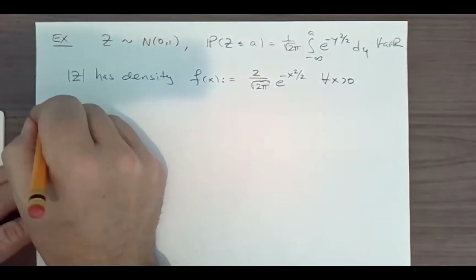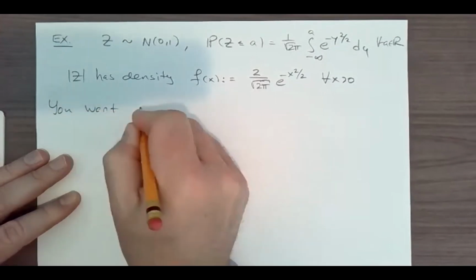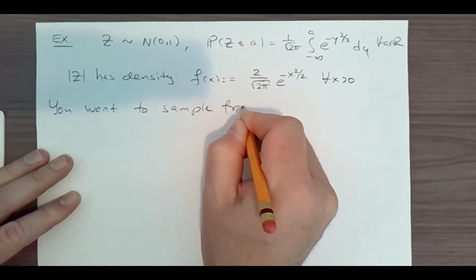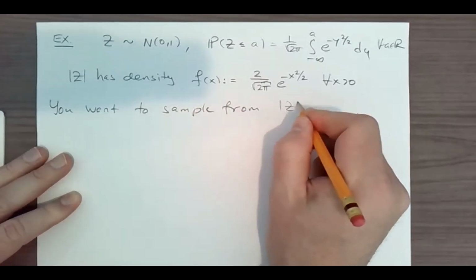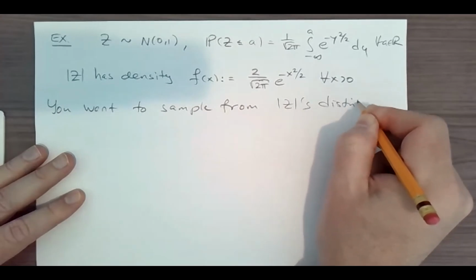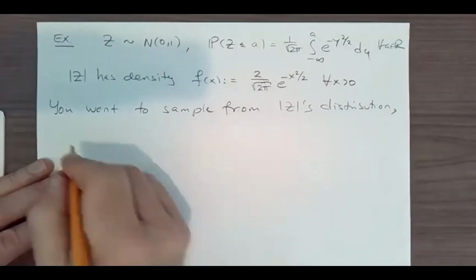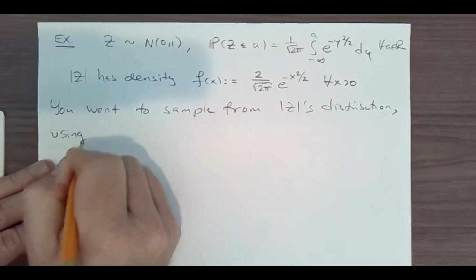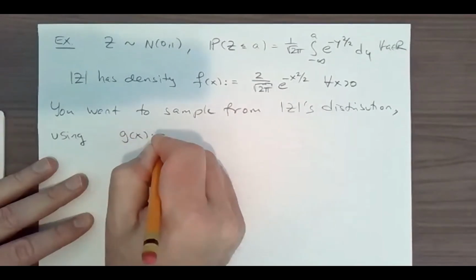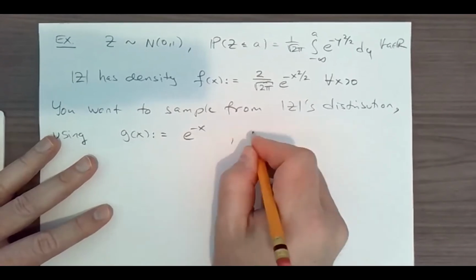But you want to sample from this guy's distribution using the exponential. And the exponential was this e to the minus x that we had before.